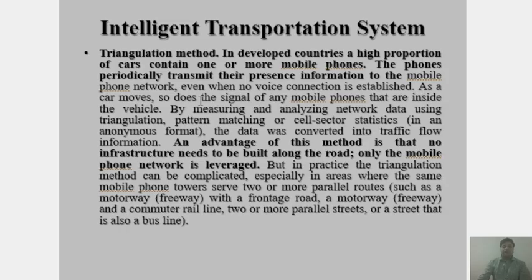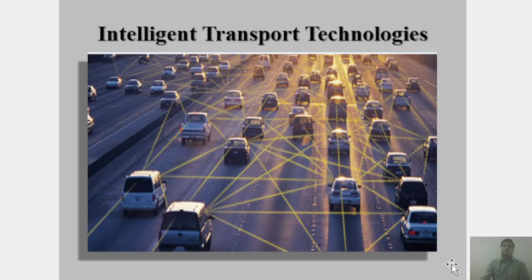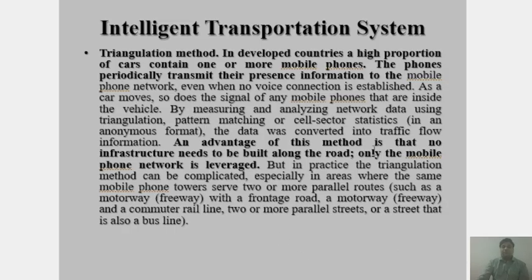When a car moves, the signal of the mobile phones inside the vehicle is also measured, so we are able to measure and analyze the network data using triangulation. This is how the triangulation looks like, where we are able to establish a connection from vehicle to vehicle.